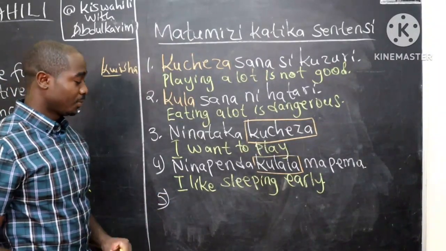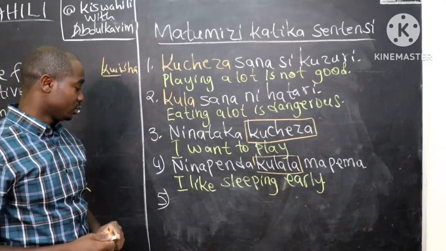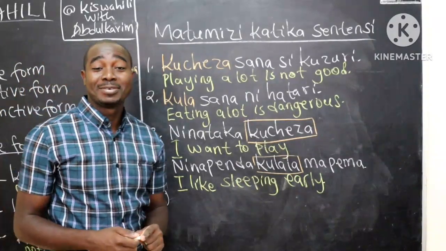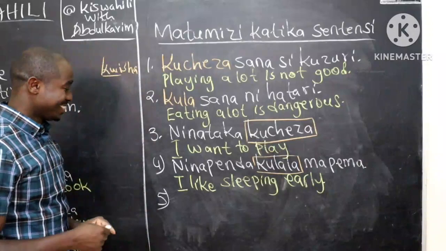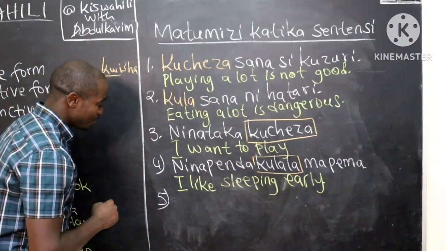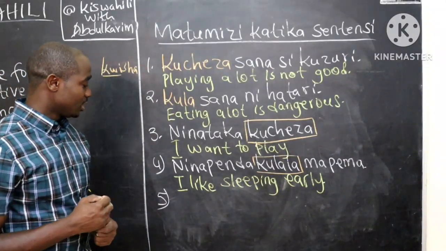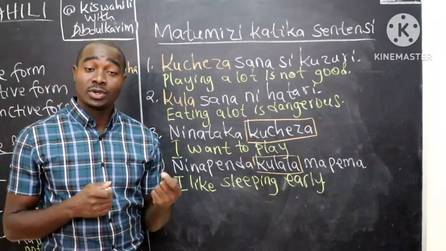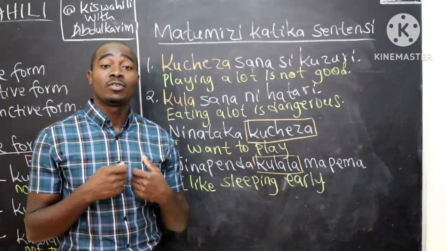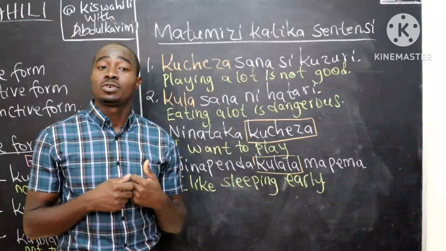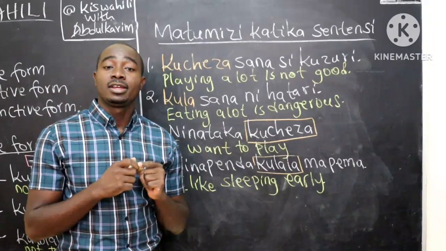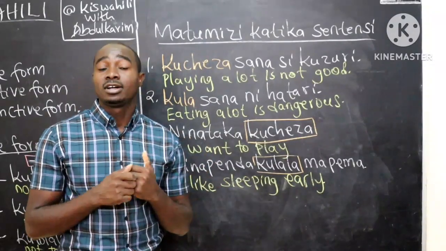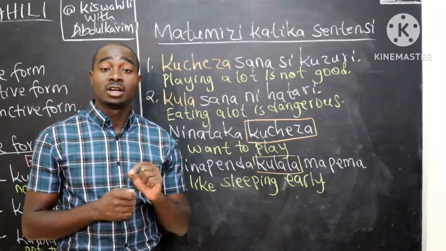5 iko vipi? Nimesahau jamani. Sijasahau. Haya. Tukitumia vitenzi viwili tuseme, kwa mfano mtu amefanya vitendo viwili, alilia na kucheza.